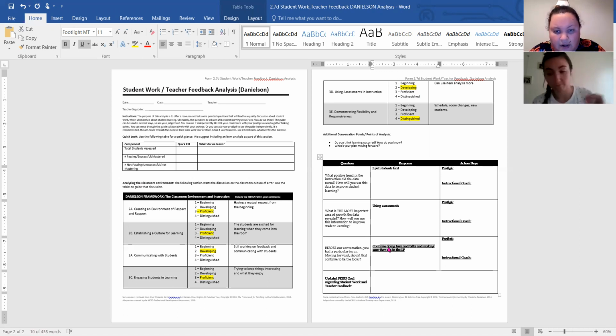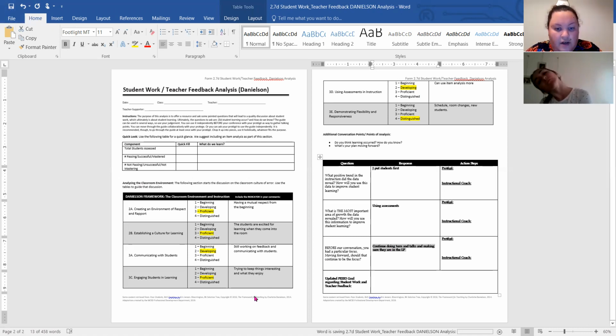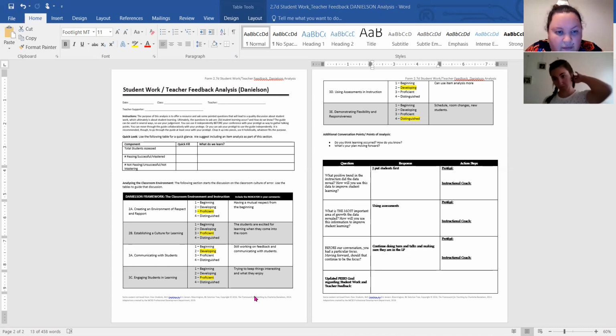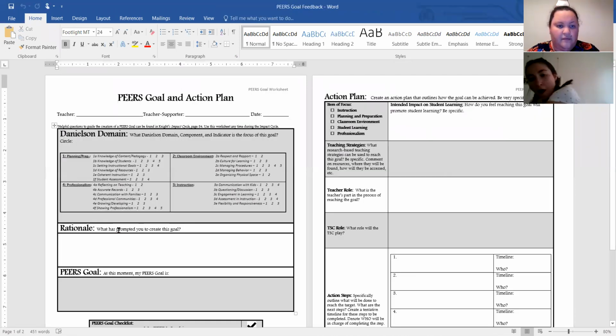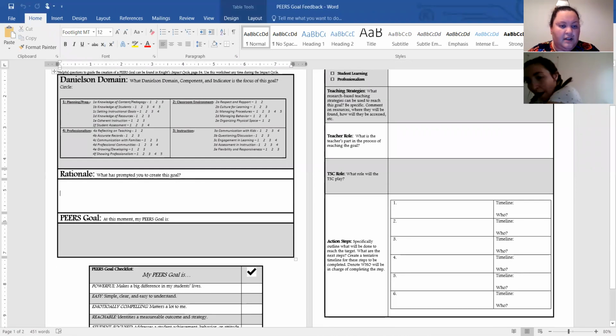Okay, so now we're going to write your peer's goal. And this is the last thing we're going to be working on. Okay, so this is based off of feedback and student work, teacher feedback.